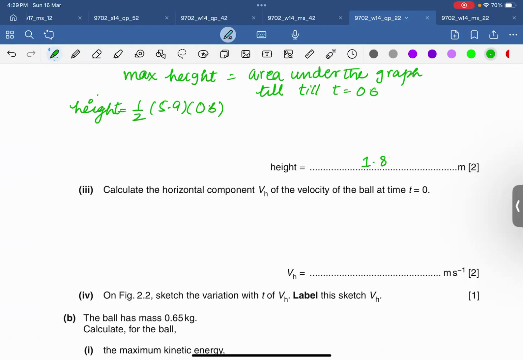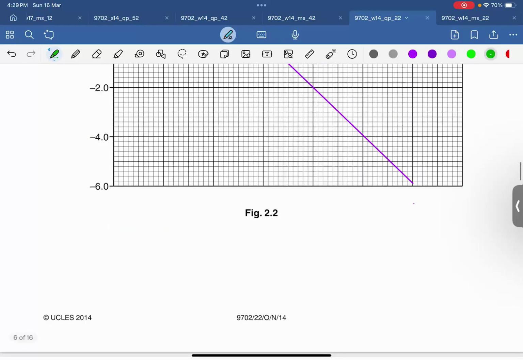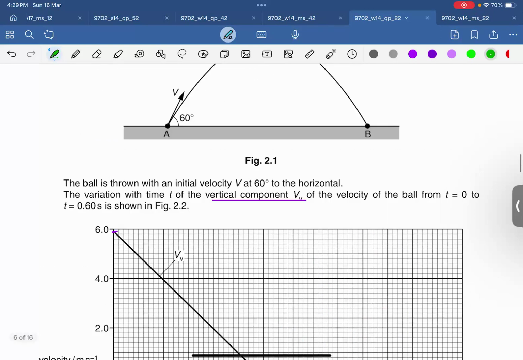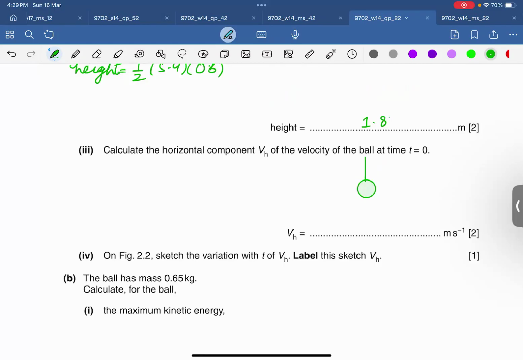Calculate the horizontal component VH of velocity of the ball at time t equals 0. So the vertical component at time t equals 0 is 5.9. The angle is 60. So what will you do? So 5.9 sine 60? No, 5.9 is not the resultant velocity. It is the vertical one. You don't have to just apply tan theta, no?